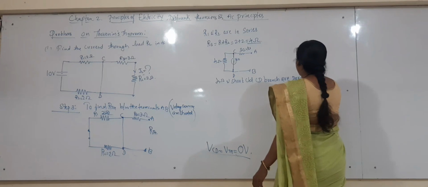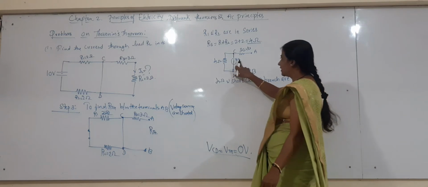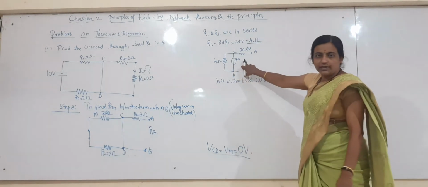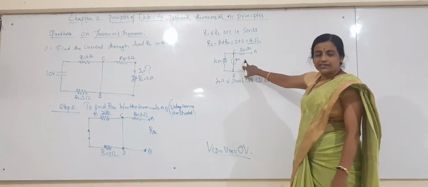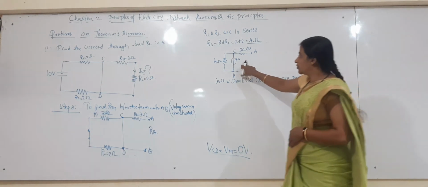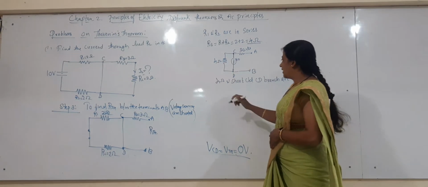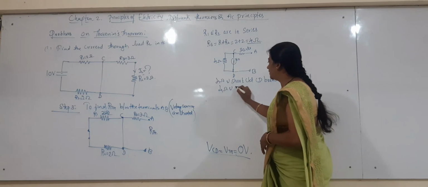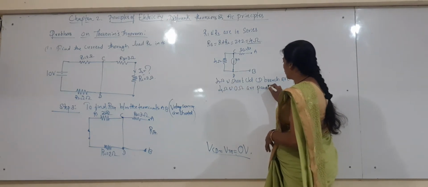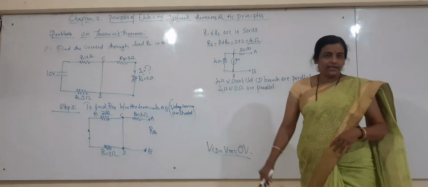When they are parallel, that means 0 ohm and 4 ohm. A short circuit wire always has 0 resistance. So 4 ohm and 0 ohm are parallel, and we have to convert that into a single resistance.